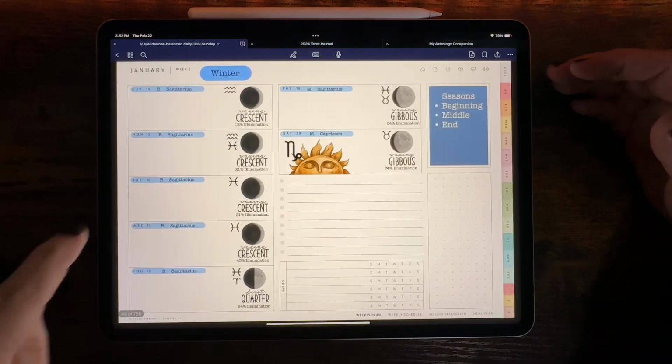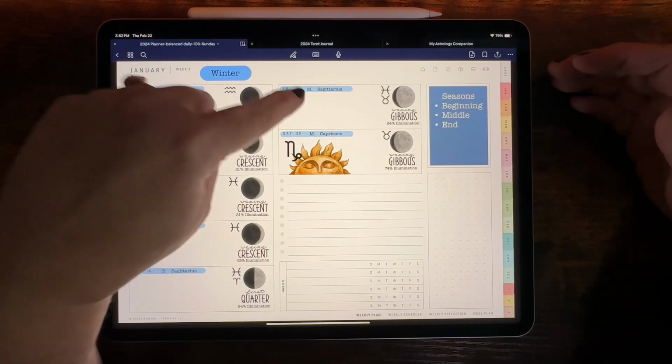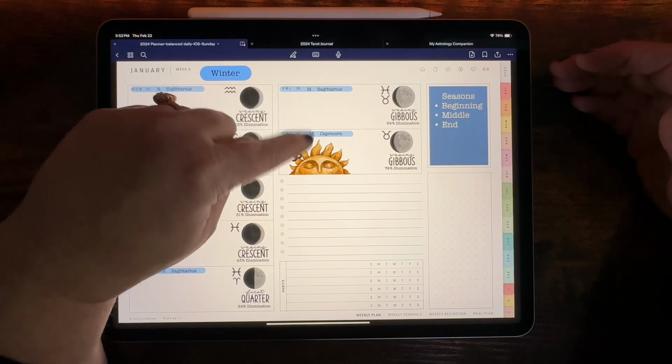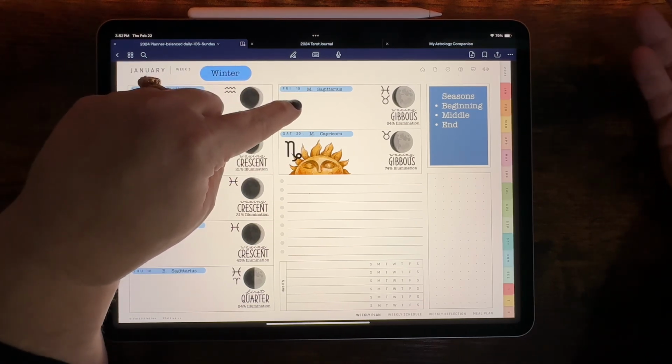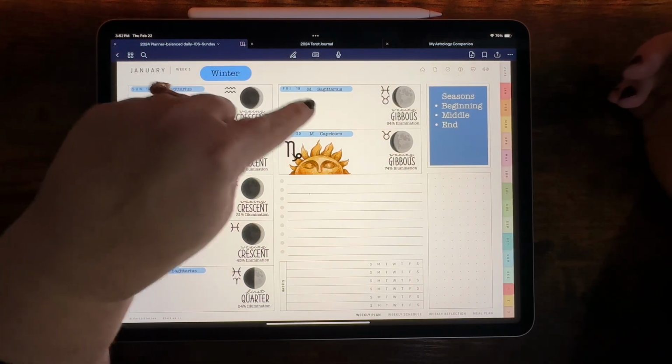And then we move into Capricorn, yes. So we see in the middle, because M for middle, of the winter season.